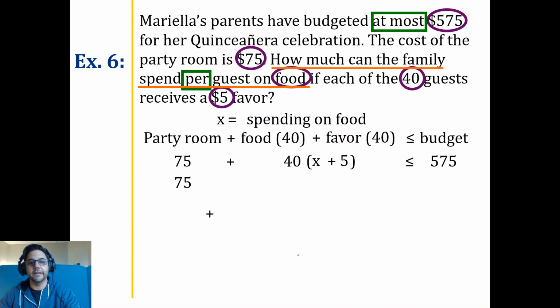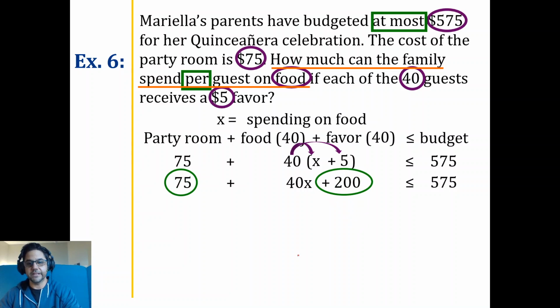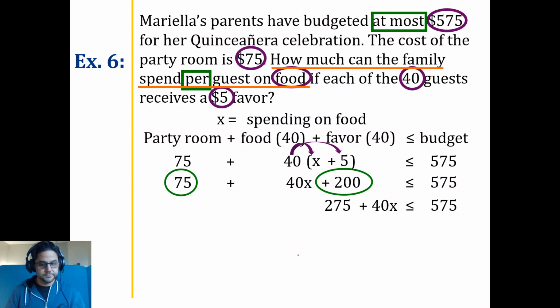All right, 75 plus, distributed property, 40x plus 200. So that means if I combine like terms, it's going to be 275. Now you have a nice 2-step inequality to solve. All right, so go ahead and do that. Remember, we're going to do our inverse operations.